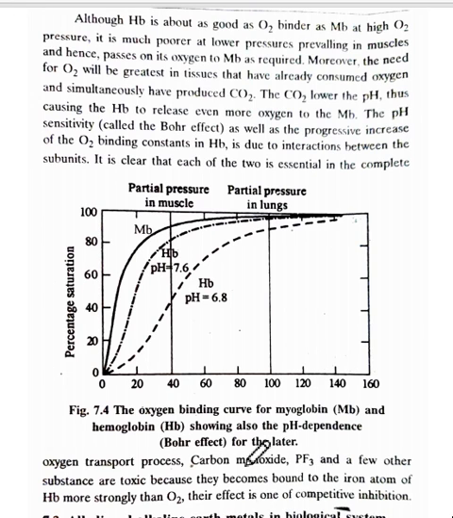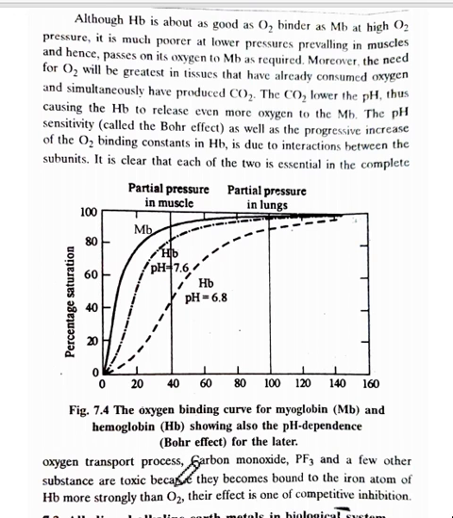The CO2 lowers the pH, thus causing the hemoglobin to release even more oxygen to the myoglobin. The pH sensitivity, which is called the Bohr effect, as well as the progressive increase of the oxygen binding constants in hemoglobin, is due to the interactions between the subunits. It is clear that each of the two is essential in the complete oxygen transport process.